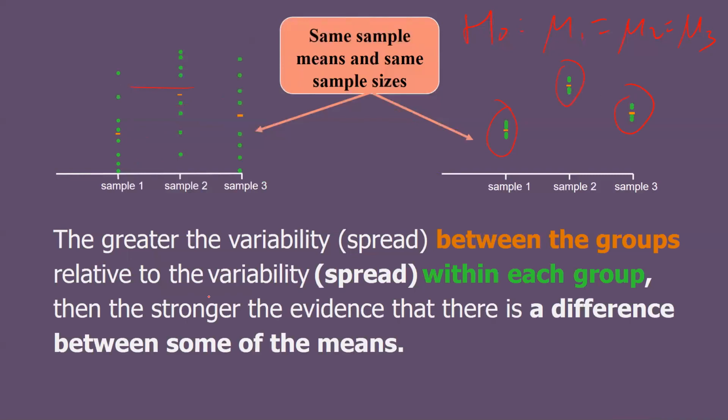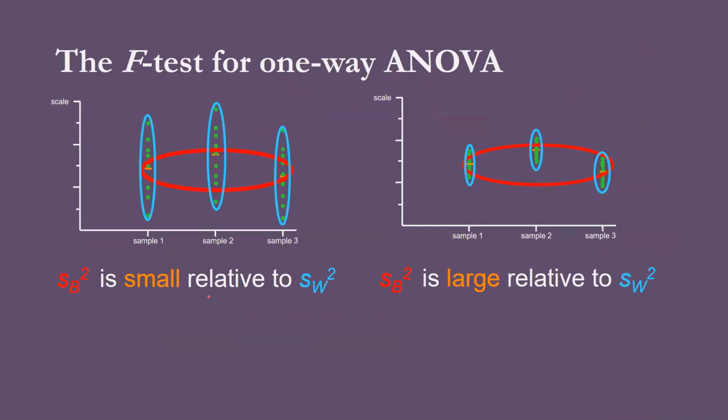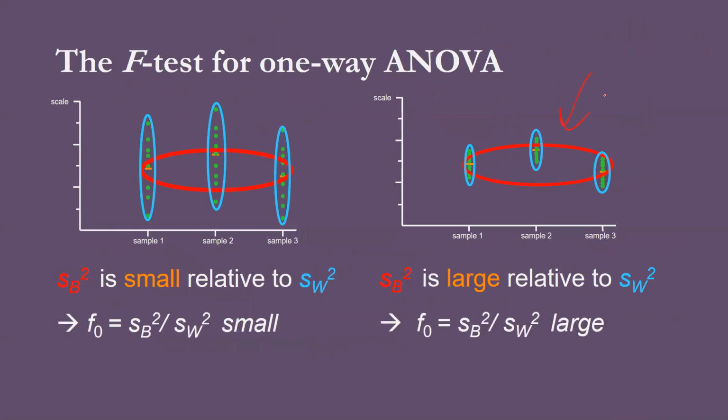So to get strong evidence against the null, we want big variability between the groups and really consistent data within the group. And what will happen is in our calculation, we want S_B squared to be large relative to the variability within the groups, and that's going to give us a large test statistic, which is going to give us a small p-value.